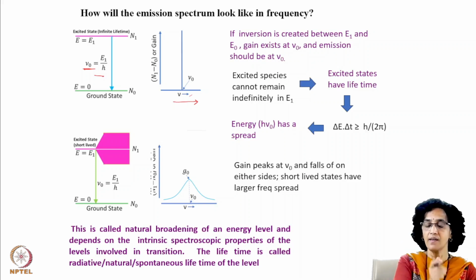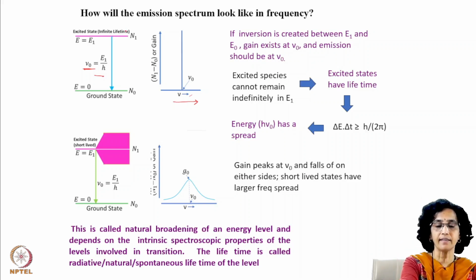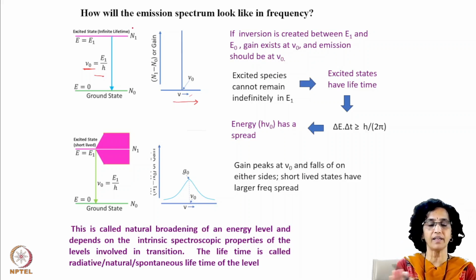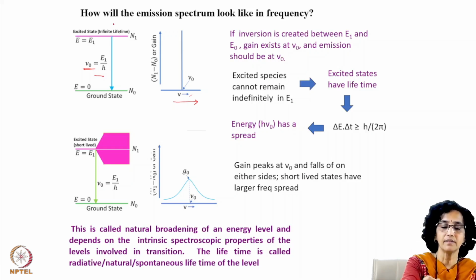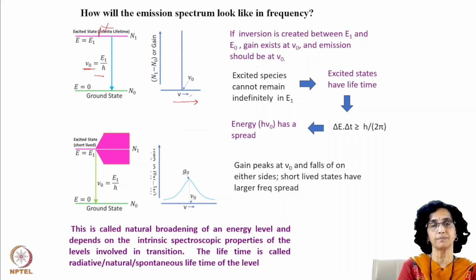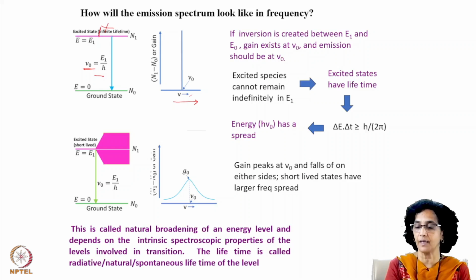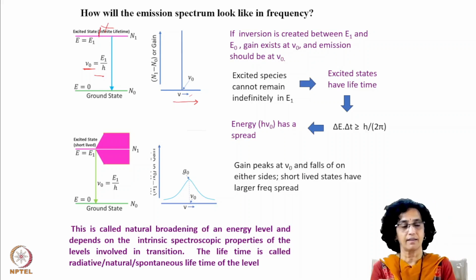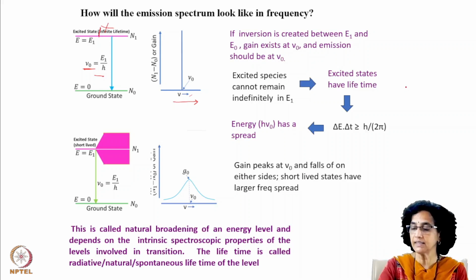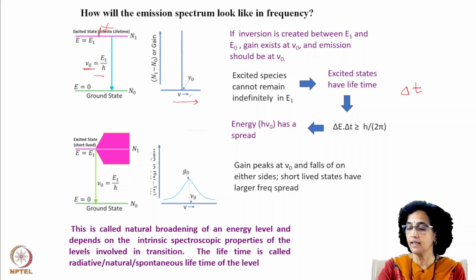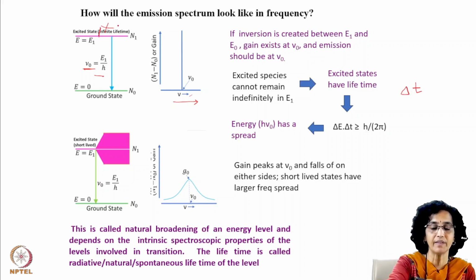That is because this excited state does not have infinite lifetime. In fact, it has only finite lifetime. When you say finite lifetime, that means delta T, there is an uncertainty in whether the molecule will be there.